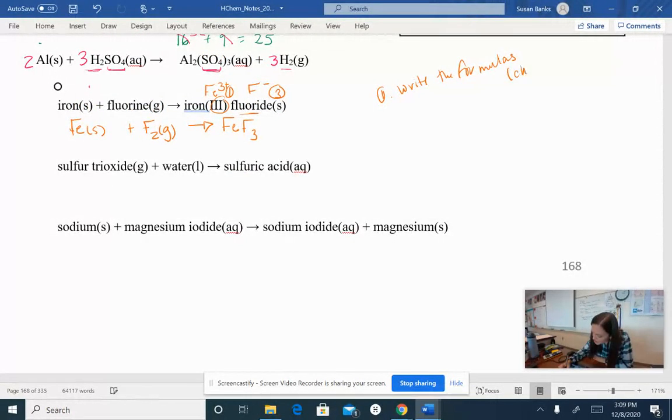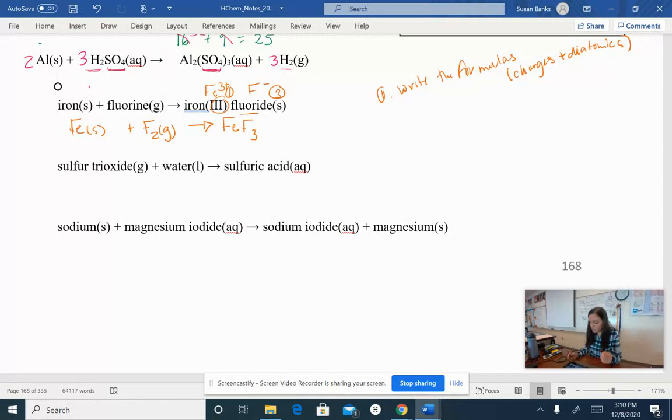Pay attention to the charges and the diatomics. Don't even worry about balancing the equation. Just write the formulas, get the skeleton equation down first.